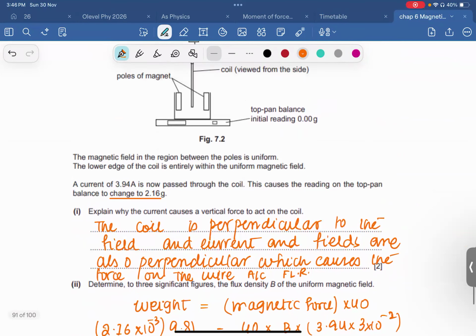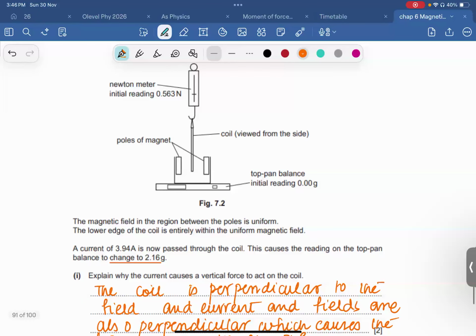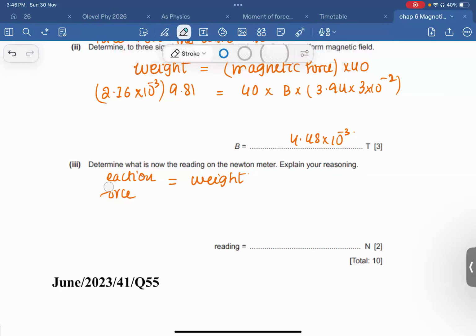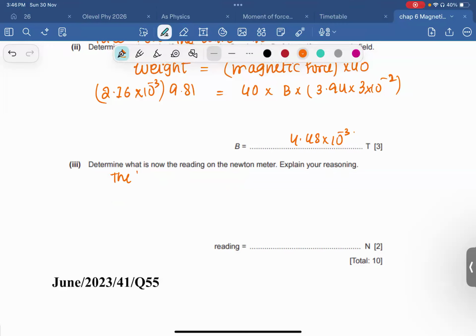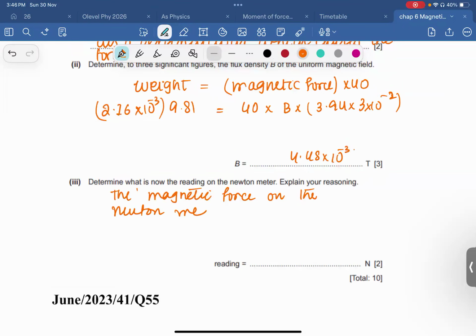If we say that the magnetic force on the balance and the magnetic force on the Newton meter are equal and opposite, we can say that the magnetic force on the Newton meter is equal and opposite to that on the pan balance.